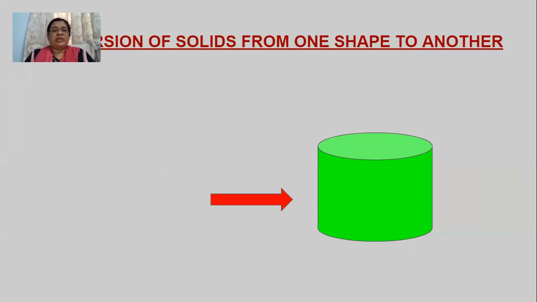You take that wet mud and you can prepare any solid figure. You can take the same quantity of mud and convert it into a cube, cuboid, or any shape. The volume will be the same. There will be no difference in the volume. The surface area will be changing. This is the conversion of a solid from one form to another form.